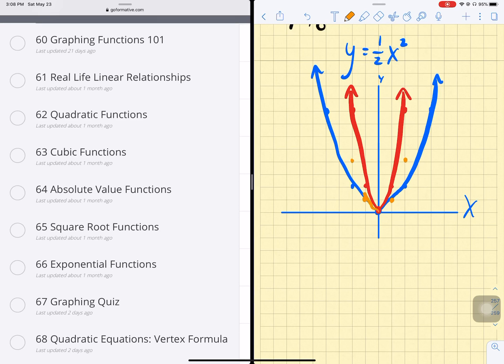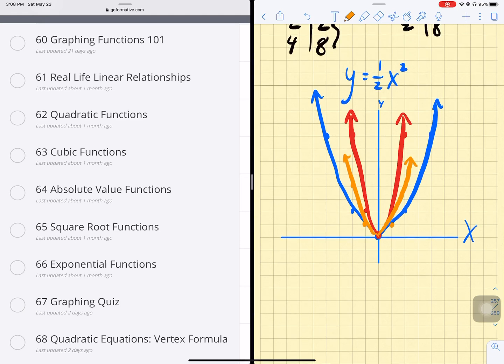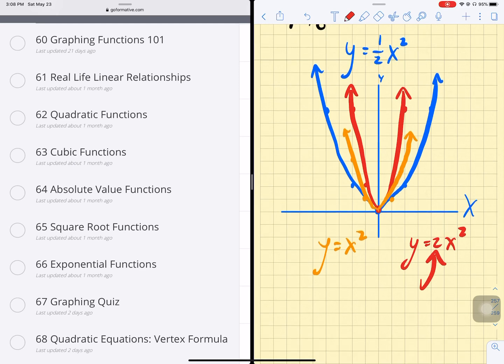So the original one, we call that the parent function. But look at the orange. The orange is going to be the basics. The red one was the times 2. And so it's kind of a pattern, something for you to know is that the bigger the coefficient in front, the skinnier your parabola is going to be.